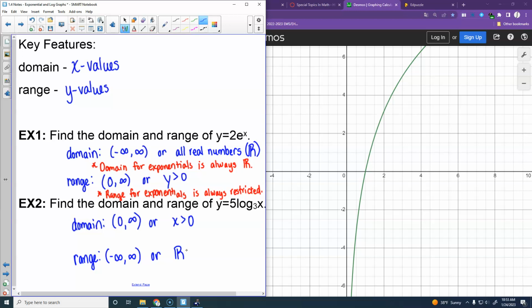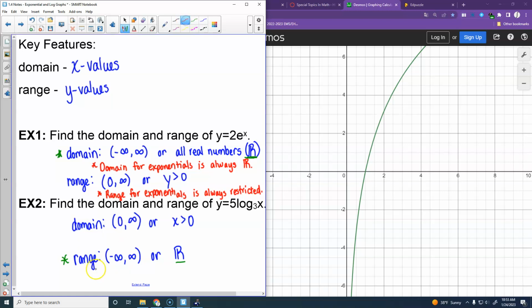Now, I said logs and exponentials are inverses of each other. I also pointed out that when we have logs and exponentials, if I have a point (x, y) over here, I can switch it, and (y, x) will be on the other graph, right? Notice what has happened here. For my domain, I got all real numbers, and I said the domain for exponentials is always all real numbers. For my range over here, I got all real numbers. That is because the x's of an exponential become the y's of a log, right?